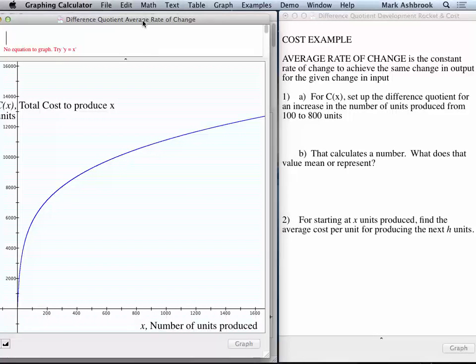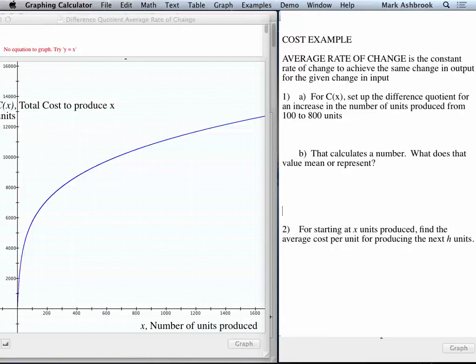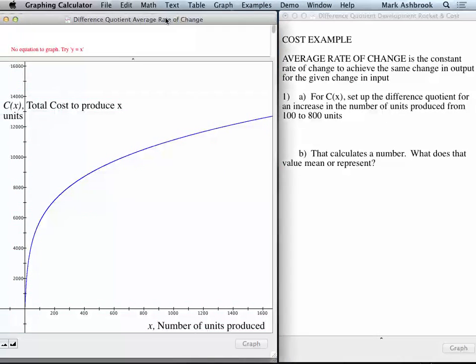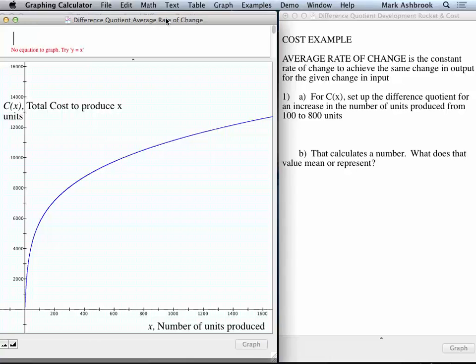Cost. So here's a different function. The input of this function is the number of units that a manufacturing company produces. Let's call it something else. Number of, what are we producing here?